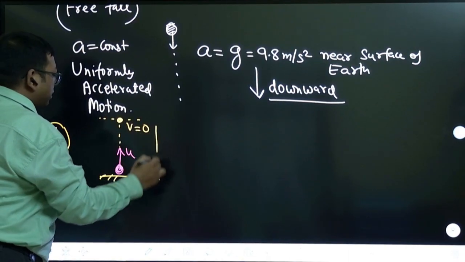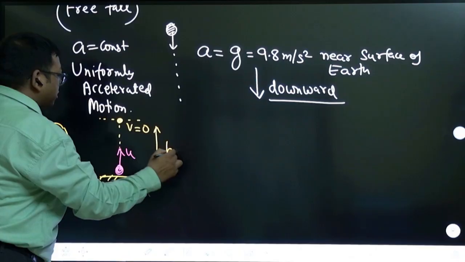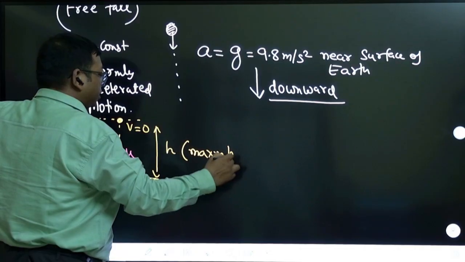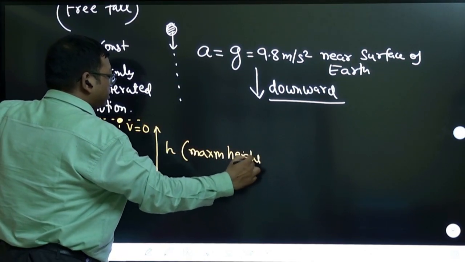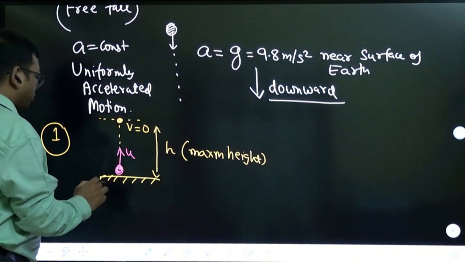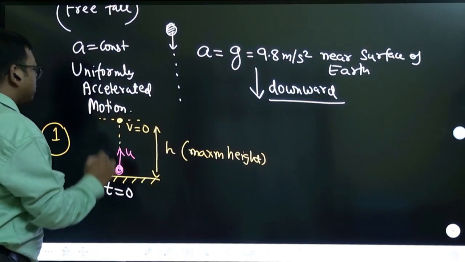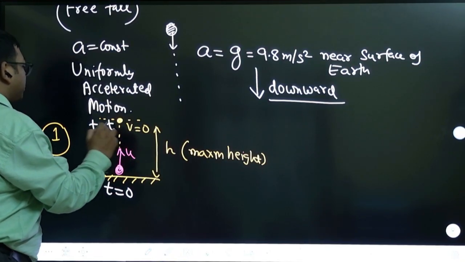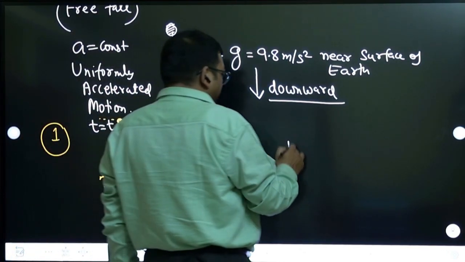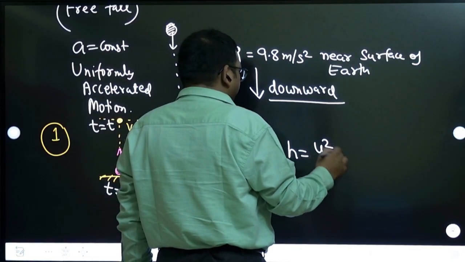So this height we are calling the maximum height. So what is the maximum height and how much time will it take to go? Suppose you throw at time 0, at some time t it will reach here. So direct formula you have to remember: h is equal to u square by 2g.